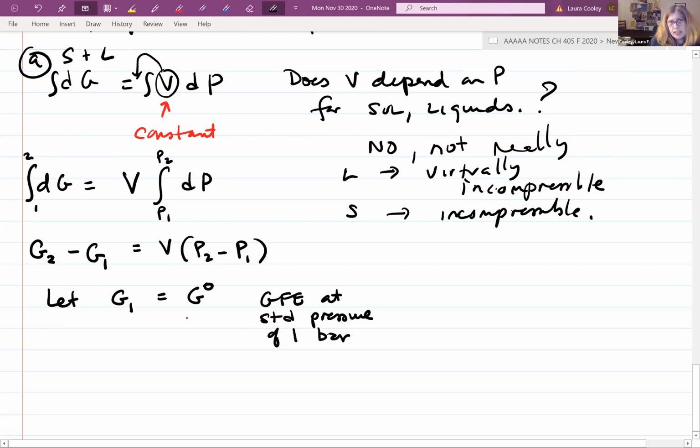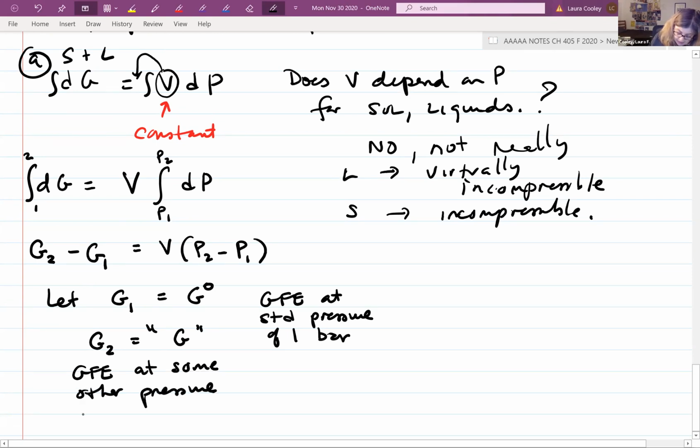So this is the Gibbs free energy at the standard pressure. Then G2, well, we just call that G. That's the Gibbs free energy at some other pressure that is not the standard pressure.